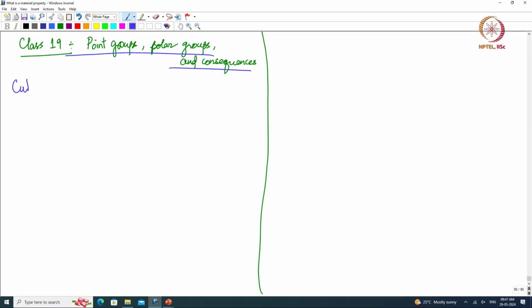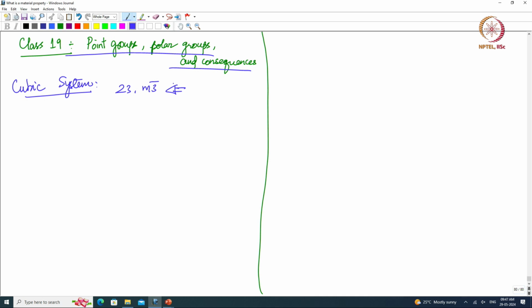Then what ensues are mirror planes which are parallel to the major axis, the principal axis ABC, right. So that is the M3 bar point group. So in a cubic system we can have 2 3, we can have M3 bar.